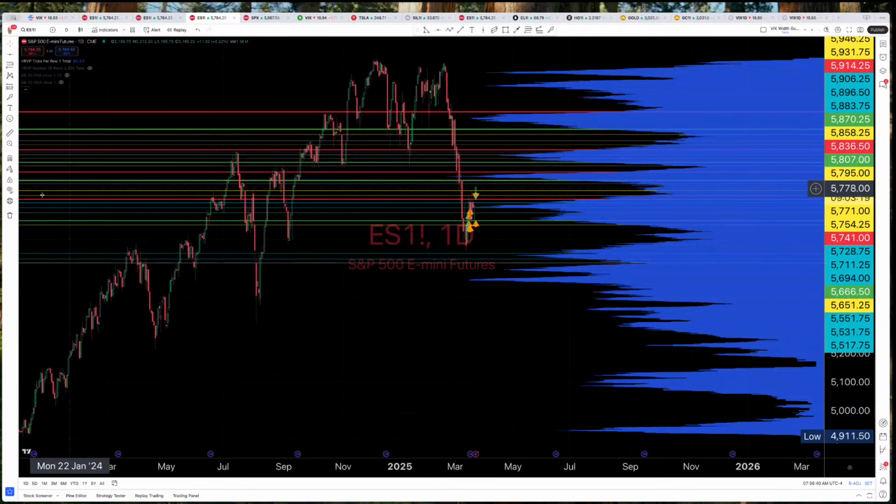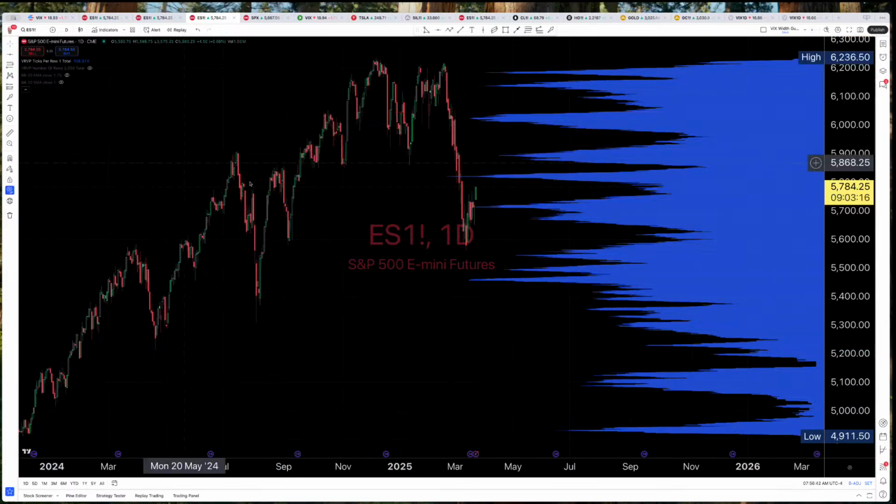Let's take all these lines away. And we can see that we've just made our way into this node right here. It's a little difficult to see, but we transitioned this big gap right here, and now we're making our way into this node.